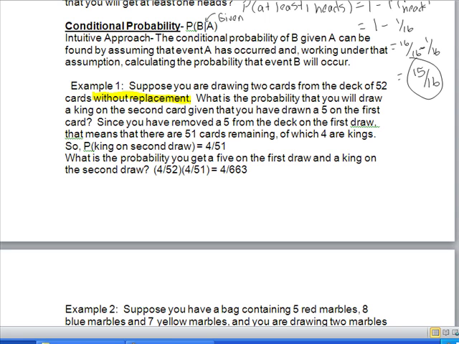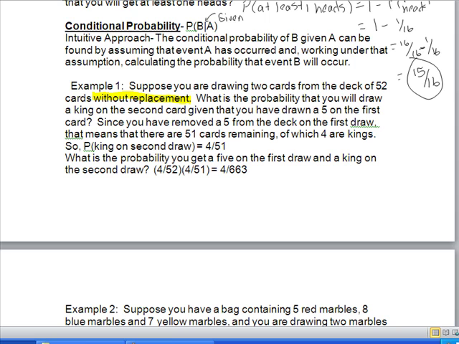Alright, so since you have removed a 5 from the deck on the first draw, that means that there are 51 cards remaining, of which 4 are kings. So the probability of getting a king on the second draw would be 4 out of 51.